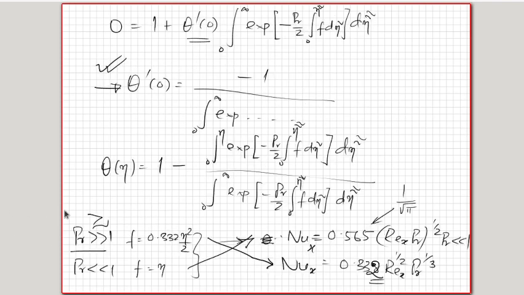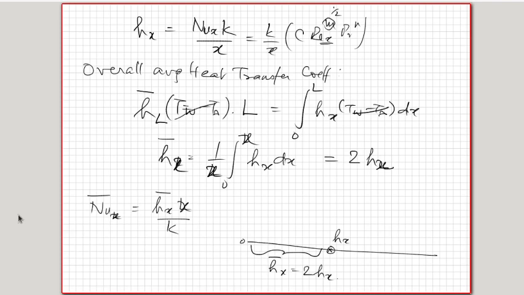So both the average heat transfer coefficient Nu x bar would be twice Nu x. That's what you would get. Okay, so that you will get for both the cases, because in both cases it is actually x to the power of half. And similarly, Cf bar at x would become twice Cf at any x.